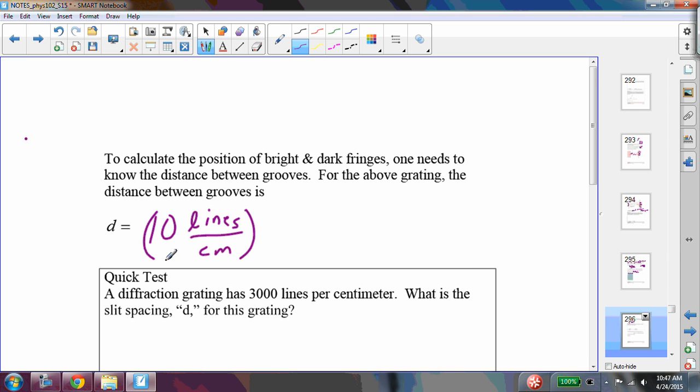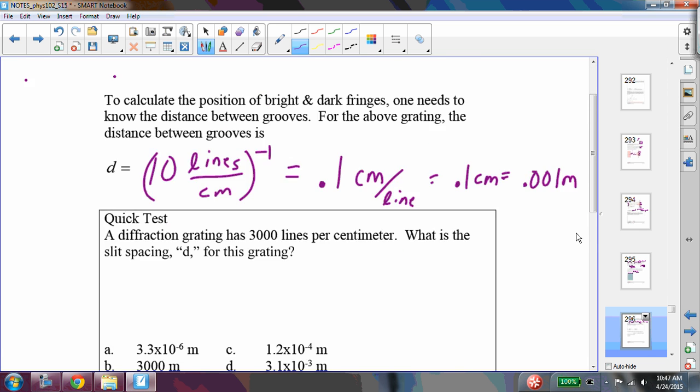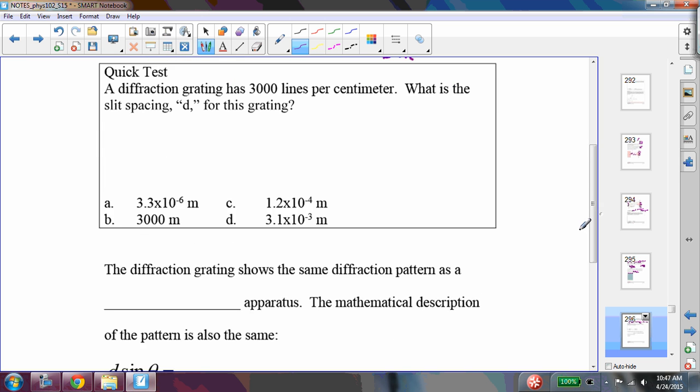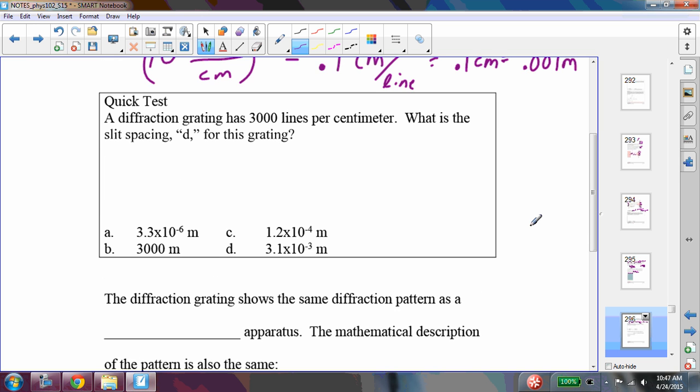I want to know the number of centimeters for a single line, so I'm going to take the inverse of this, and that's going to be 0.1 centimeters per line, or the distance between them is just 0.1 centimeters. Now, of course, we'll deal in the SI system, so anytime you see centimeters or millimeters, I'll need to convert that into meters. All right. So, for example, here's a good question dealing with this. I'll stop there and pick back up with this.